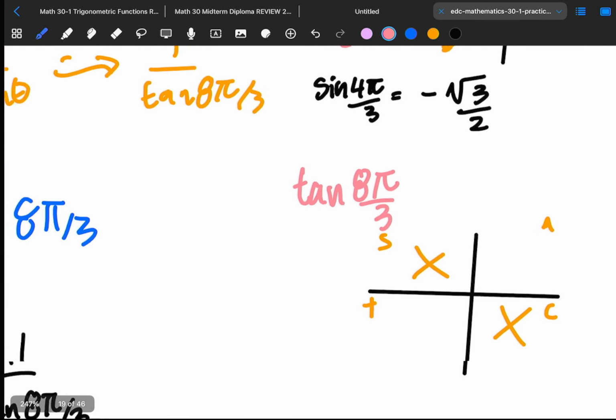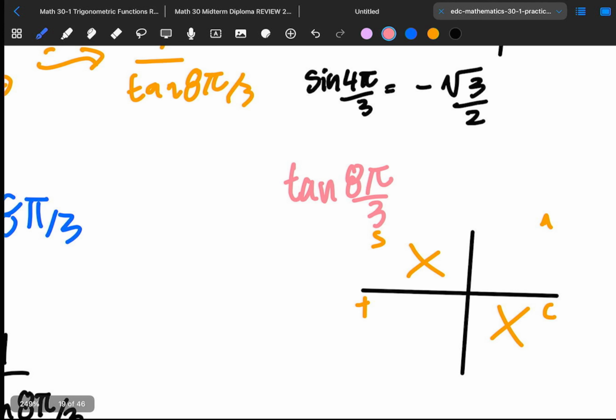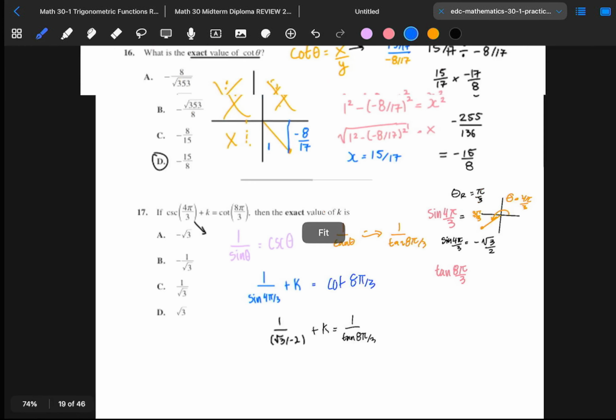So you're going to have two answers here, but 8 pi thirds, just think about this with respect to the unit circle. This would be 3 pi thirds. This would be 6 pi thirds. We make a full revolution. So if this is 6 pi thirds, then our angle would be located here, because it'd be 2 pi thirds over our actual anticipated angle.